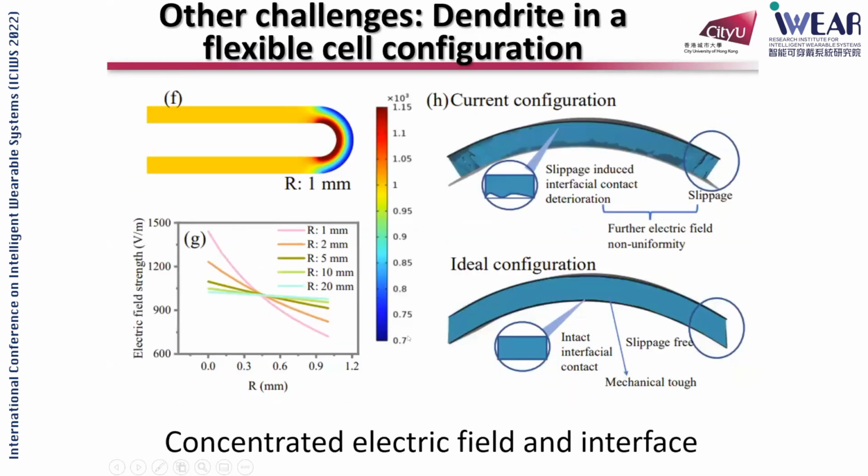The reason is quite simple. You have the accumulation of a high electric field around this area, and also you have sliding, because, for example, even with a hydrogel electrolyte here, when you do bending, you have this kind of slippery sliding induced by the interface, because the interfacial binding force might not be that strong.